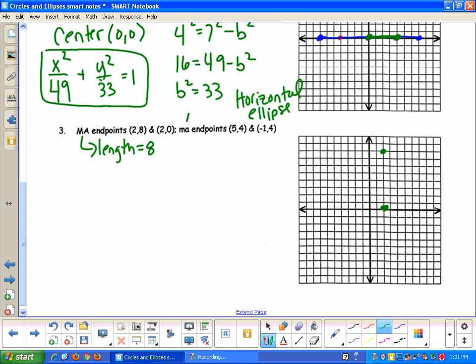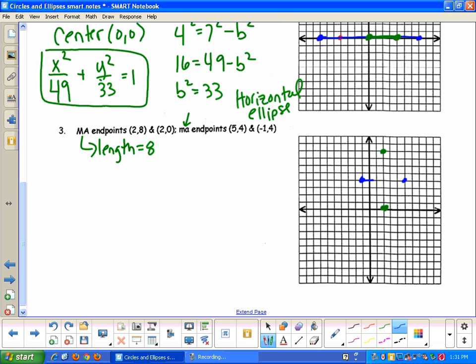The minor axis, and I know it's minor axis because it's a little m and a little a, have endpoints at 5, 4, and negative 1, 4. So if I want to figure out the distance of the minor axis, I can just count.